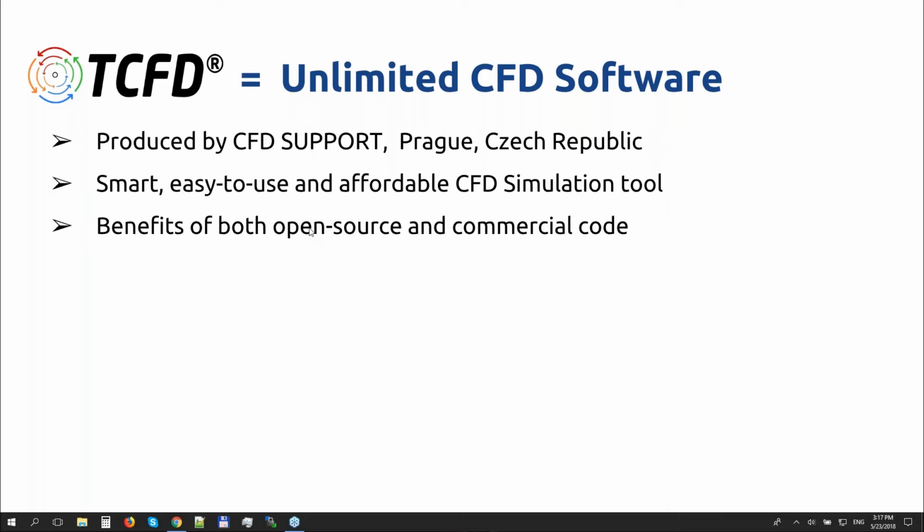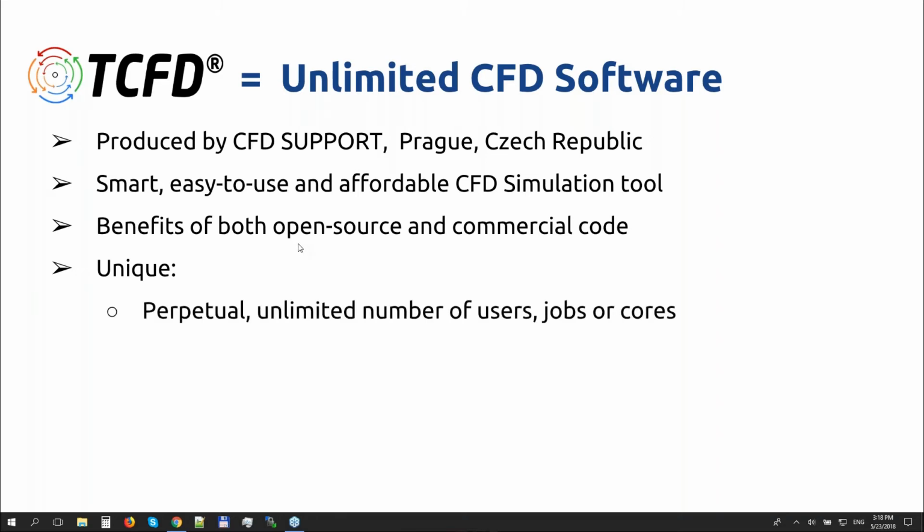On top of that, we believe TCFD is unique, at least for 4 reasons. Number 1 would be TCFD is unlimited, which means TCFD is perpetual and users can use it for an unlimited number of users, jobs, or cores.